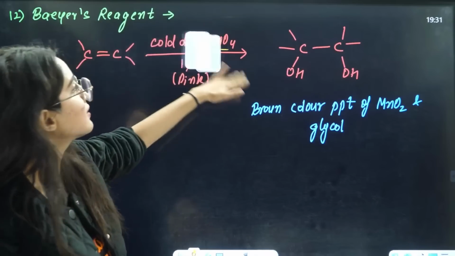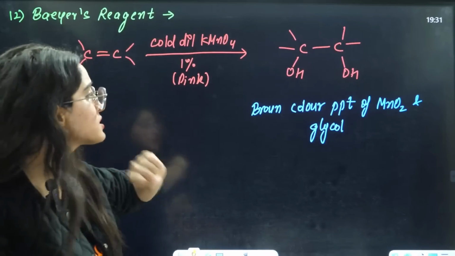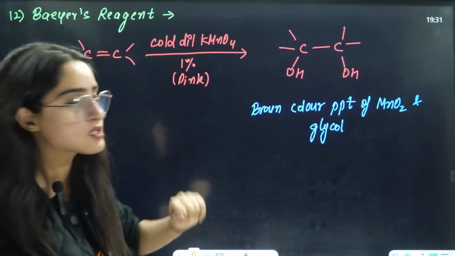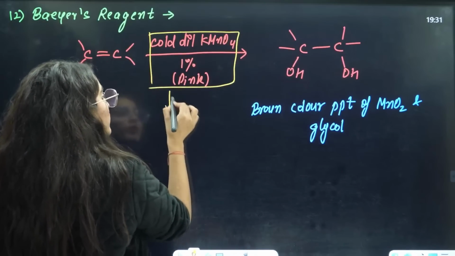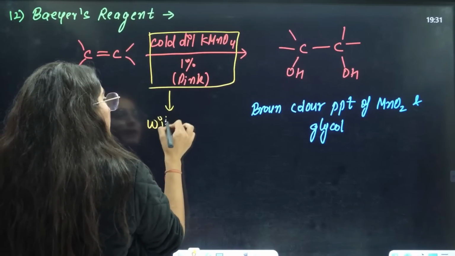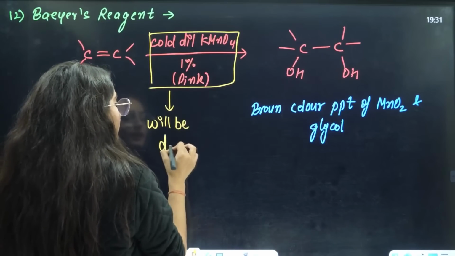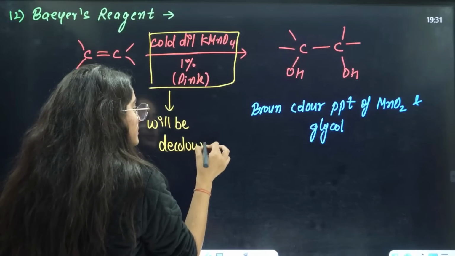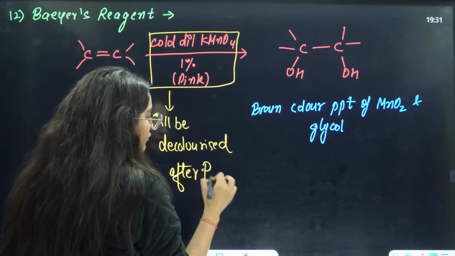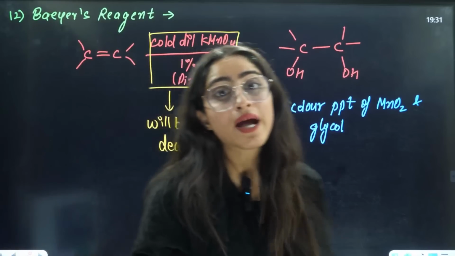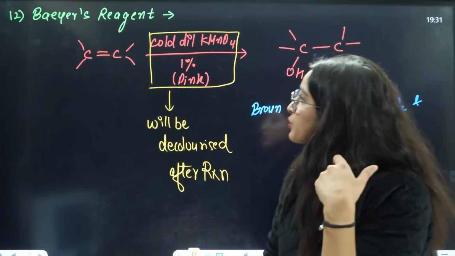So how is this a test? Why are we calling it a test? Because this pink color of KMnO4 will be decolorized after reaction. That is why this is a test for unsaturation.